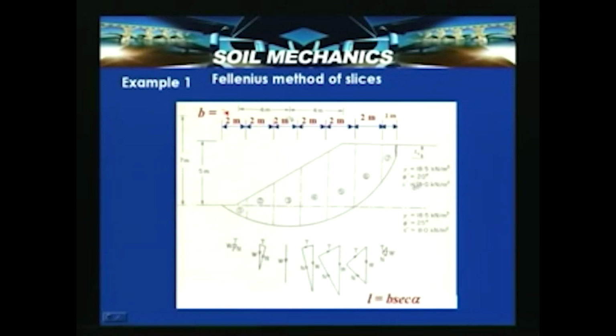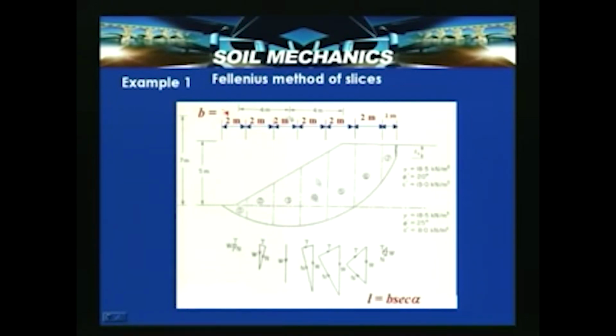So, this is the soil portion which exists here as well as here. We need to consider these properties in this zone, and below this portion we have another soil having C equal to 8 kilonewton per meter square, phi dash equal to 25 degrees, and gamma as given. So, these properties have to be considered. By drawing each slice now, we can calculate the weights W1, W2, W3, W4, W5, W6 and W7, and gamma 1 and gamma 2 are considered for arriving at the weight W3 in this portion.